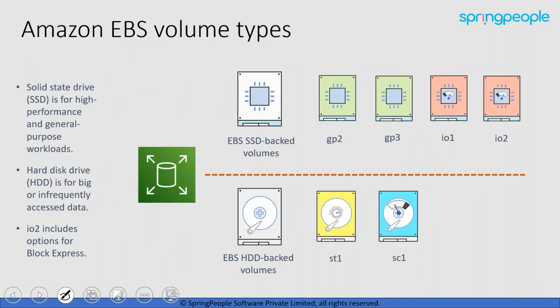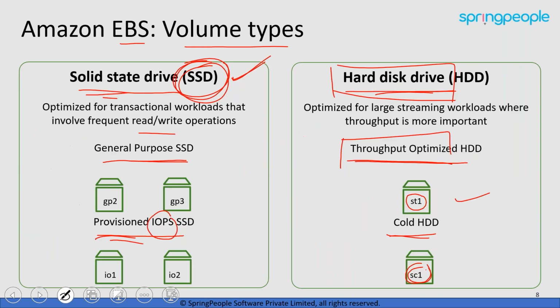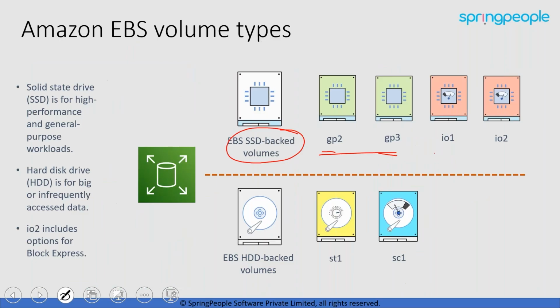These options are elaborated once again on this slide. If you use SSD type volumes, we have the options GP2 and GP3, which are general purpose, and provisioned IOPS, IO1 and IO2.